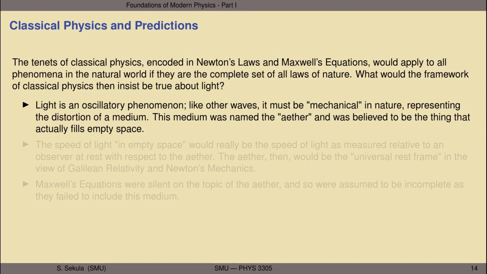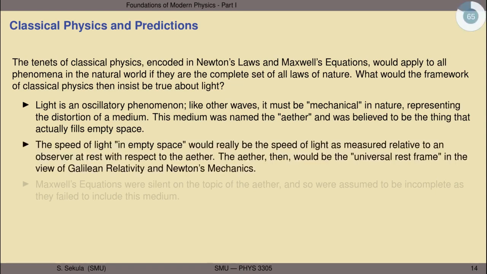They named it before they ever discovered it, and they called it the ether. And it was believed to be the thing that actually fills empty space. Empty space isn't empty. It's made of this substance called the ether that we normally can't experience, but light experiences it, and the distortion of the ether is what we call light. That was the hypothesis based on the mechanical understanding of wave phenomena.